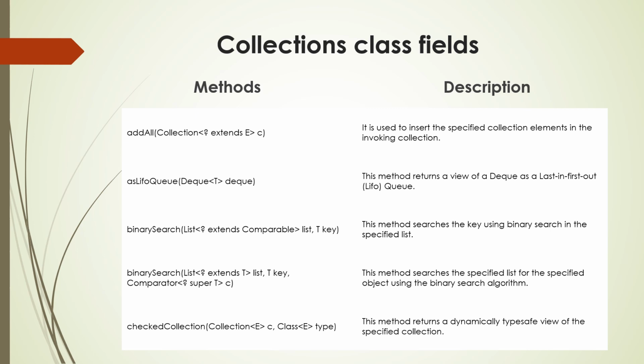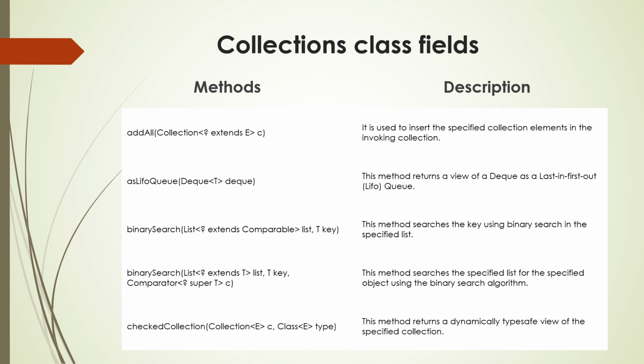Next method is the binarySearch method. In its description, this method searches for the key using the binary search in the specified list. Binary means two. The signature is binarySearch(List<? extends T> list, T key, Comparator).